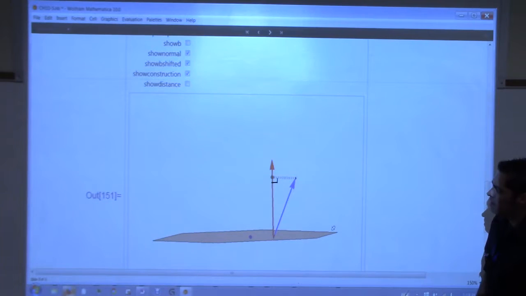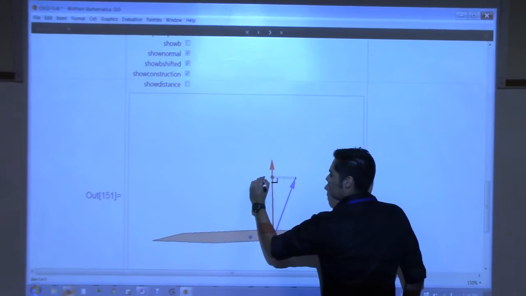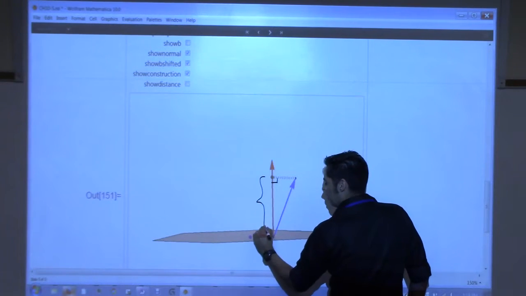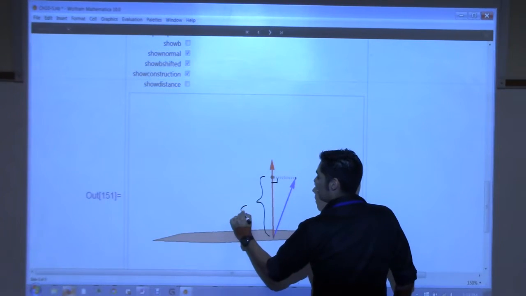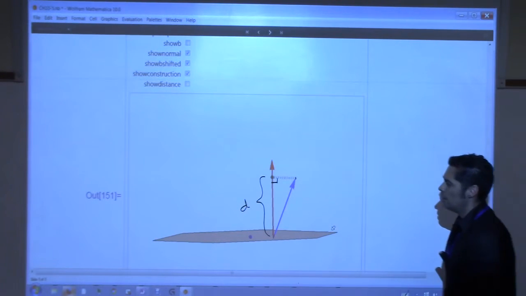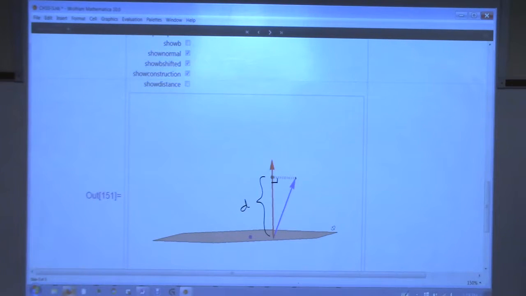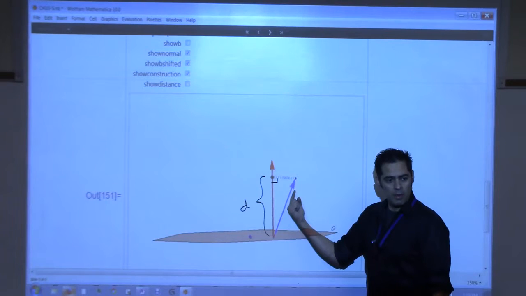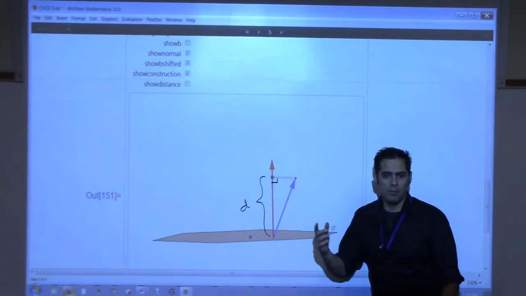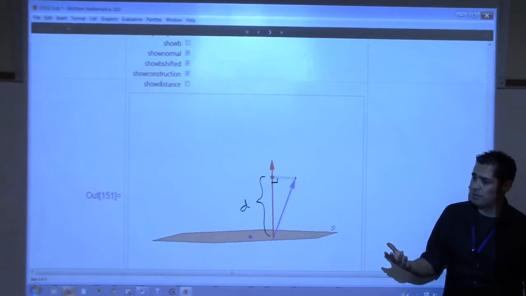Can somebody tell me, just in layman's terms, not a formula, what this distance, little d, would be? It would be the component of the blue one onto the red one. So remember we talked about vector projections?